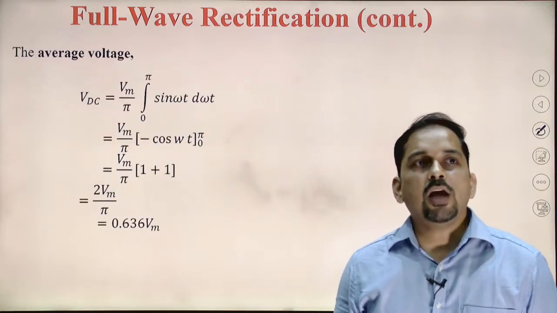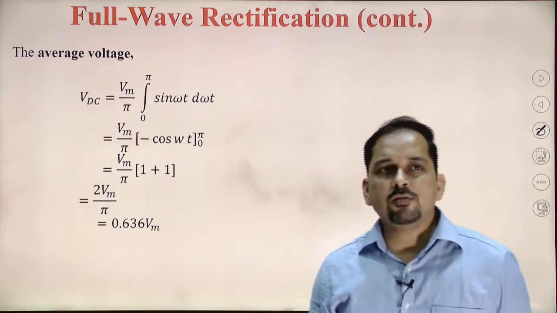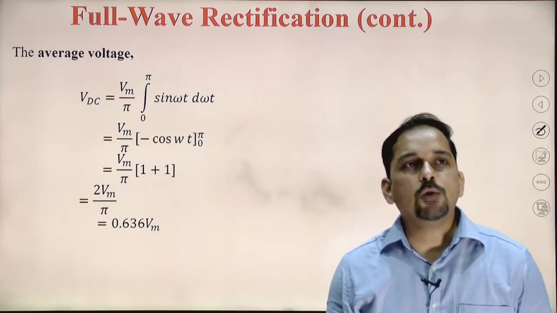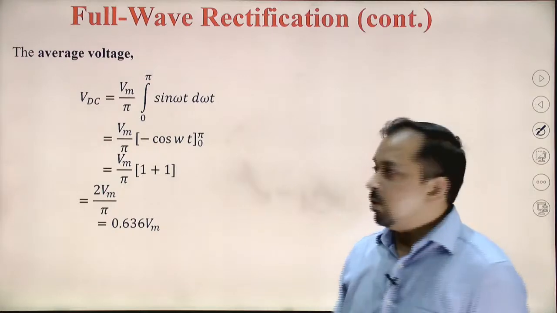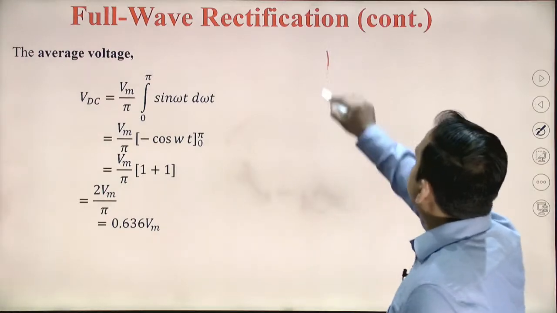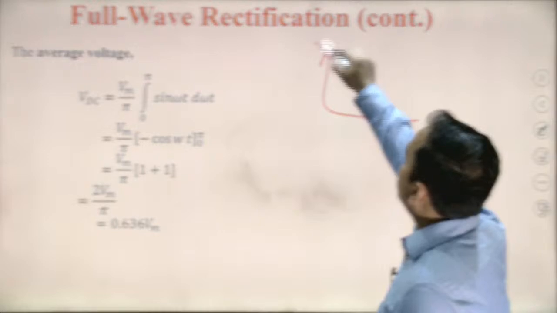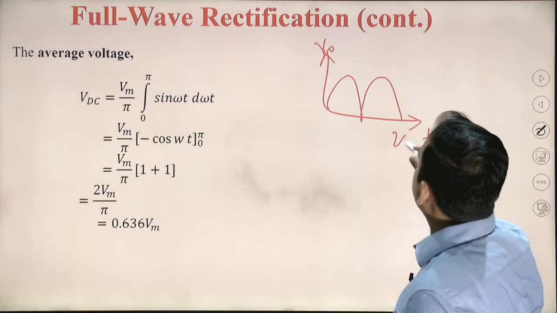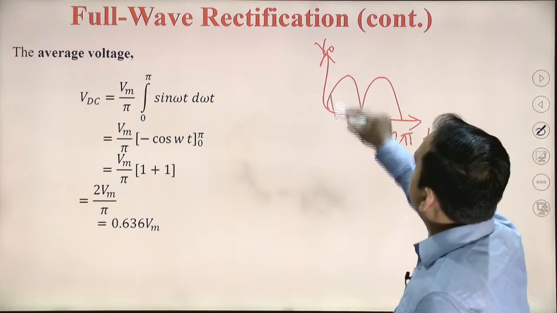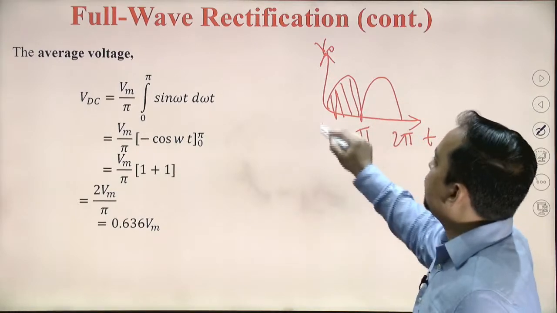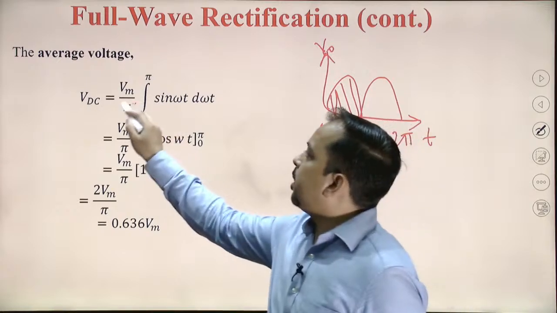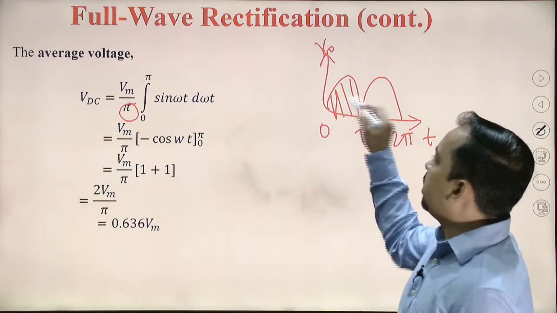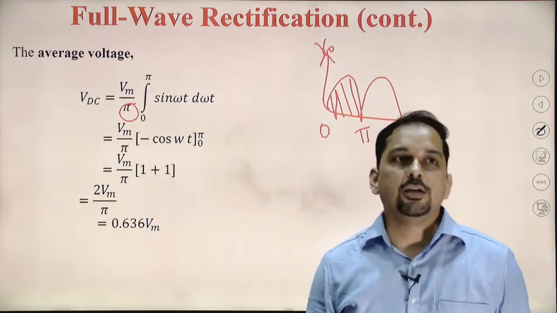Now we will calculate the average voltage. Again, we have seen how we can calculate the average voltage for a waveform. We just need to calculate the area under the curve, for this particular area from 0 to pi. Here we can write that the time period is pi, because this waveform repeats after a pi interval.